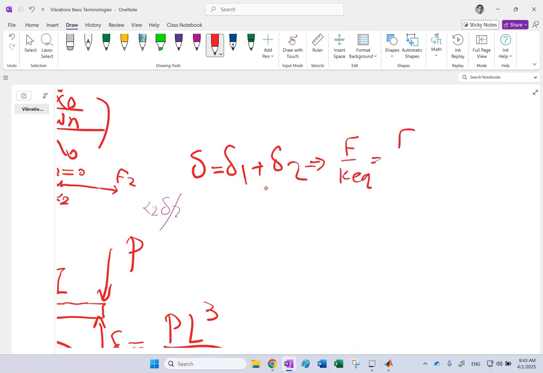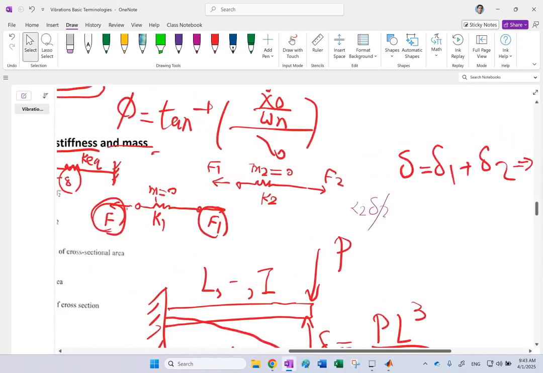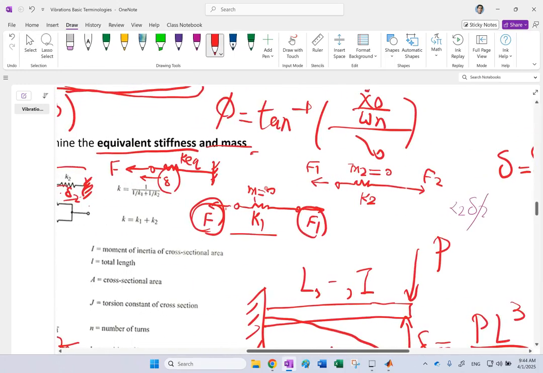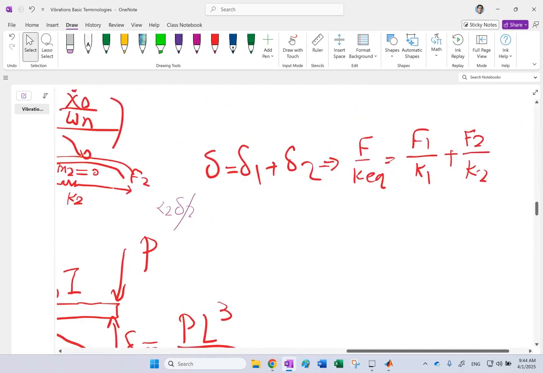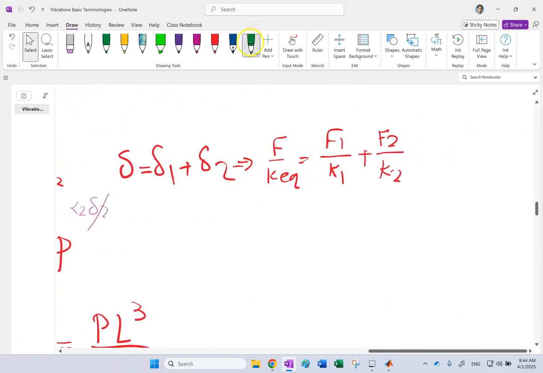And delta 1 is F1 over K1, and delta 2 is F2 over K2. But remember, we said that the F's are the same. F is the same as F1, and F1 is the same as F2. So we can go ahead and get rid of the F's.